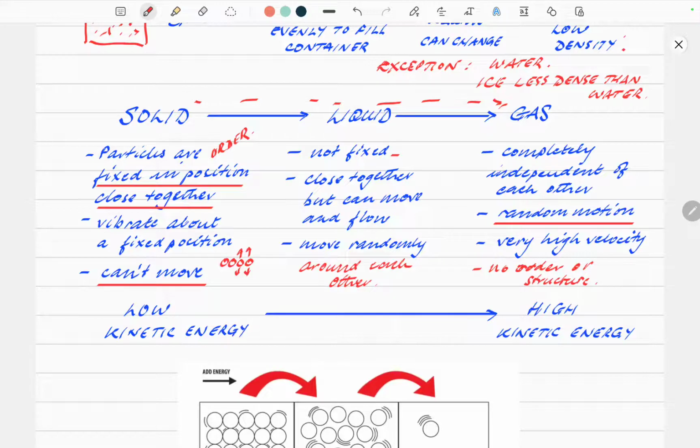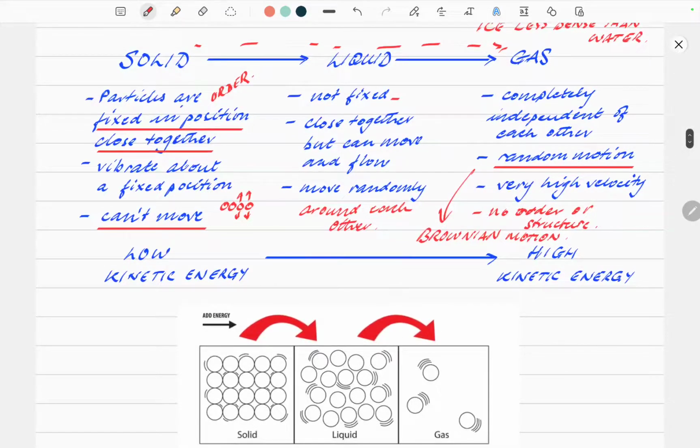As you should know, Brownian motion comes up in questions. Random in all directions. And they have very high velocity or speed compared to liquids and solids.